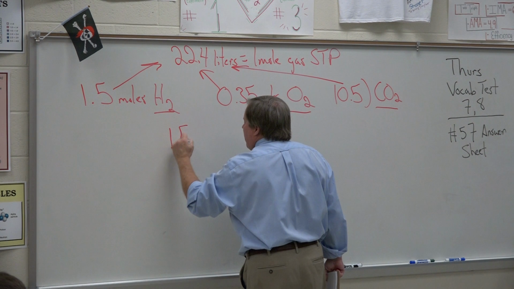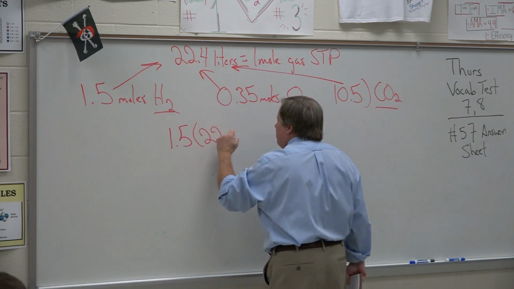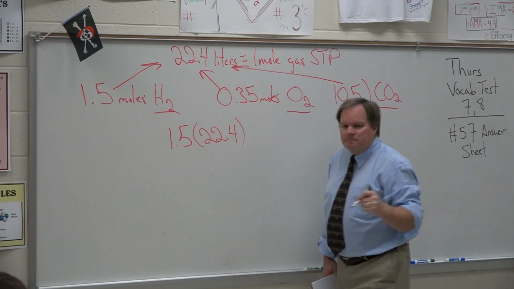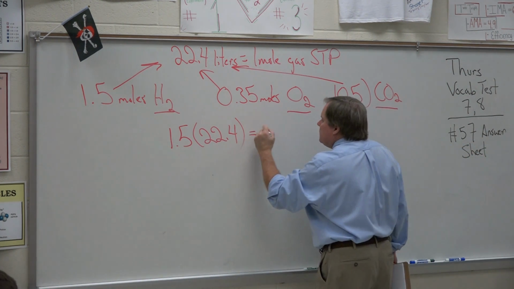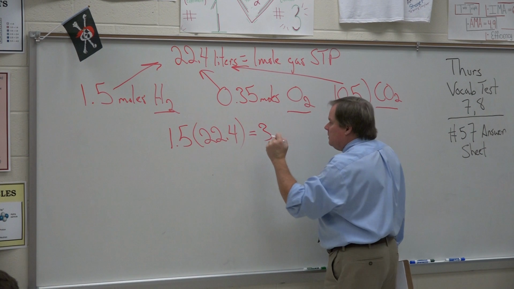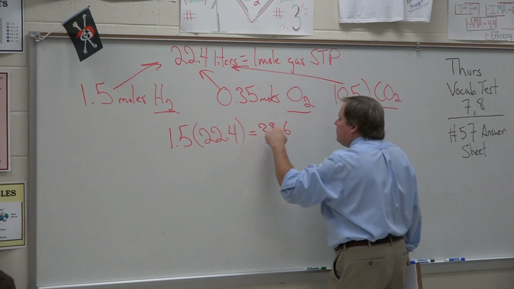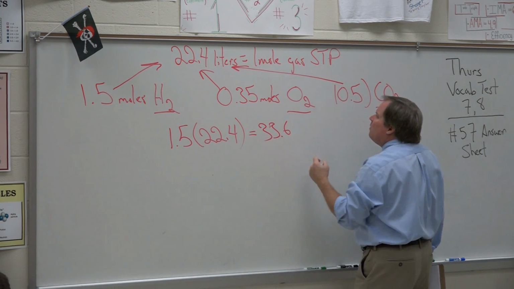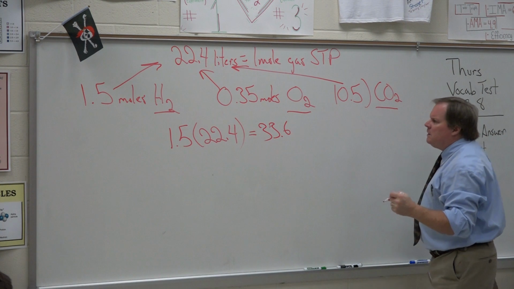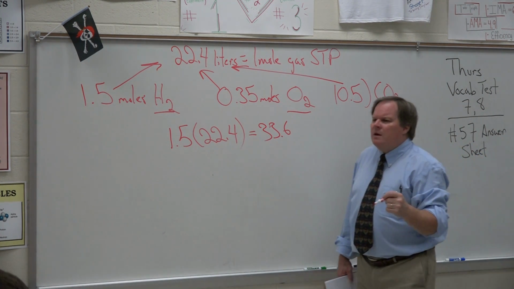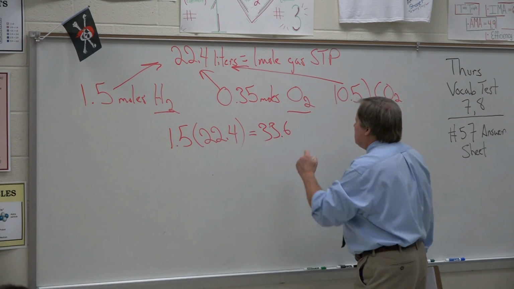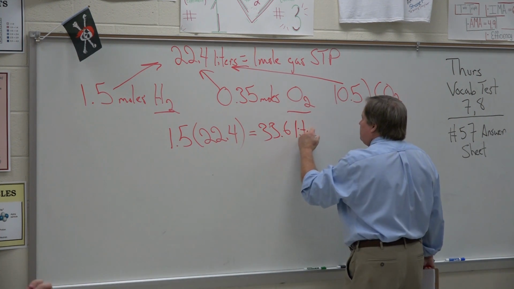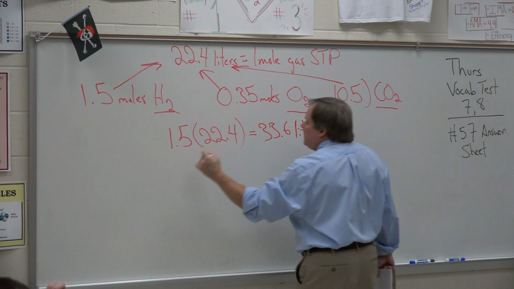So 1.5 times 22.4 is 33.6. What's my unit for volume? Liters.